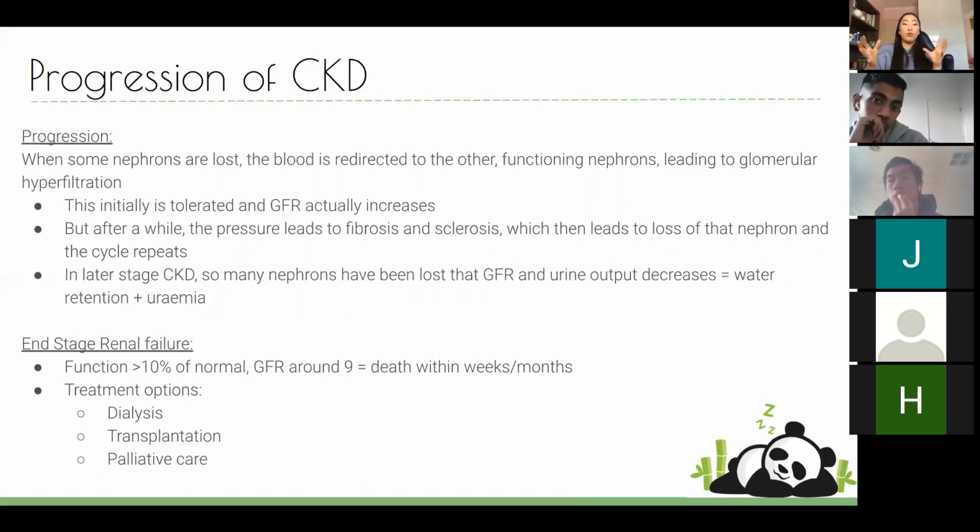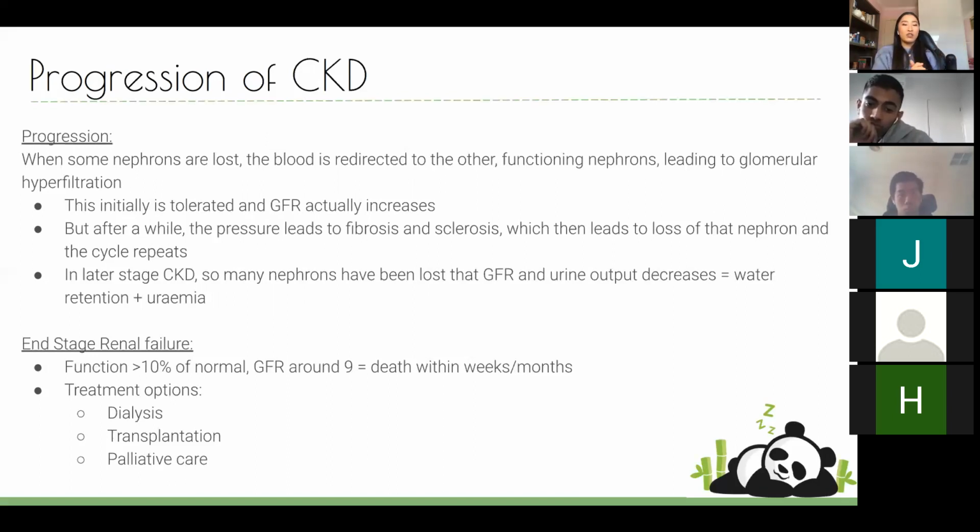So you've got the same amount of blood going into fewer nephrons, so there's going to be higher pressure going through those nephrons, right? And that high pressure is eventually going to cause fibrosis and scarring in those nephrons. So they die, and then you're redirecting again to an even smaller subset of nephrons, and eventually you get this progressive failure, right? So that's why CKD is so inevitable.